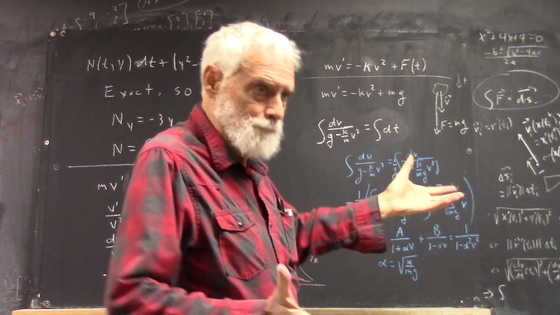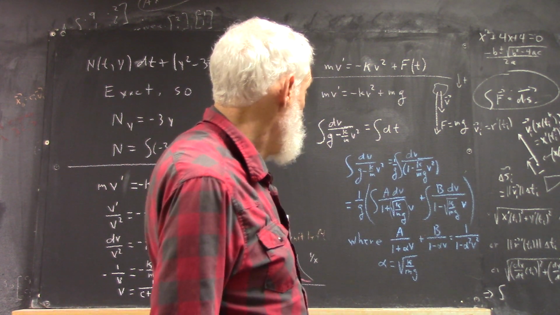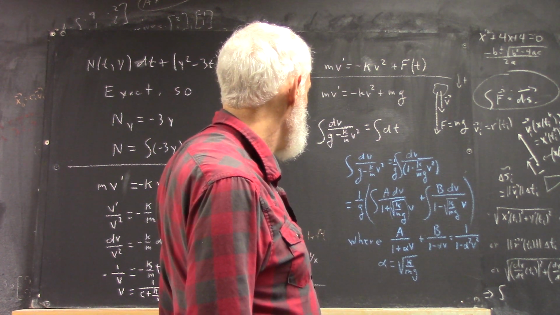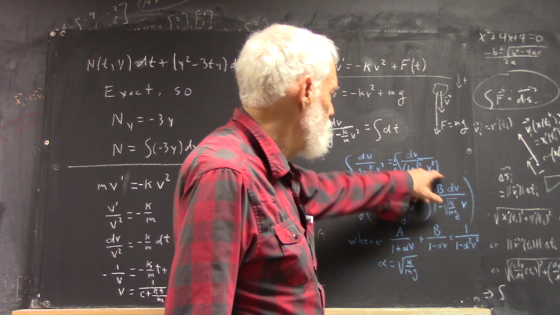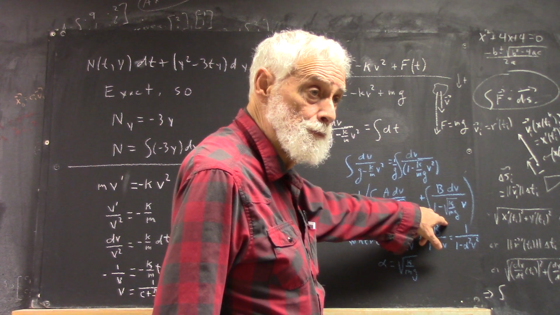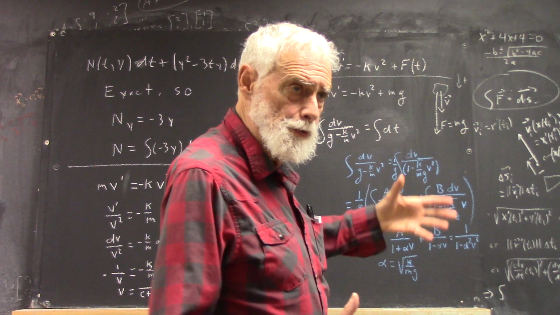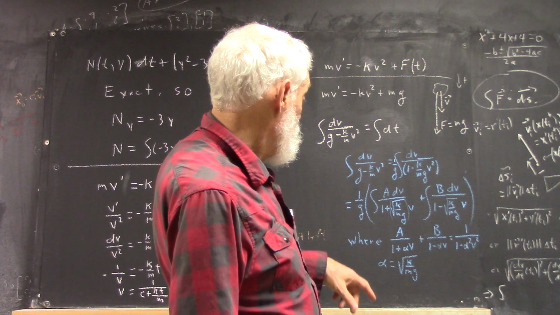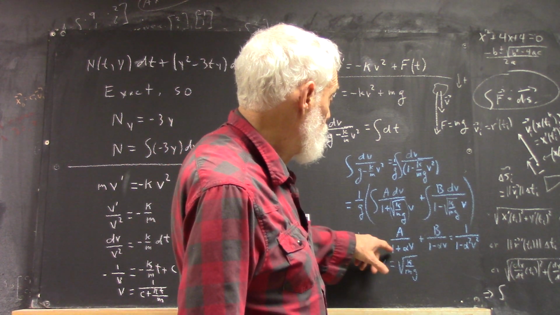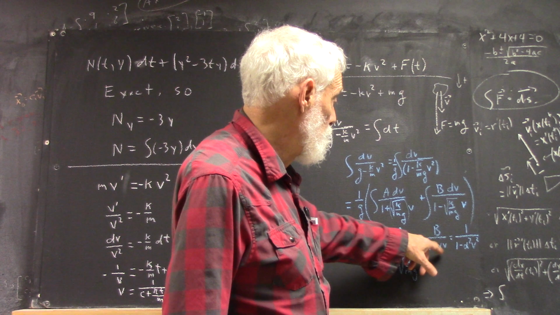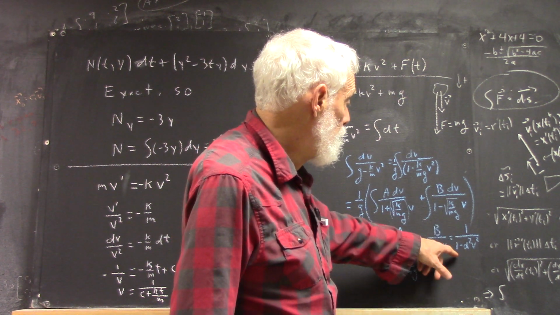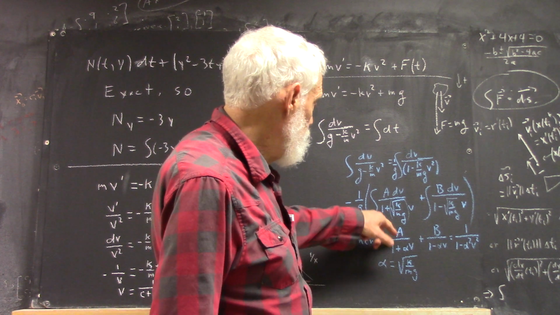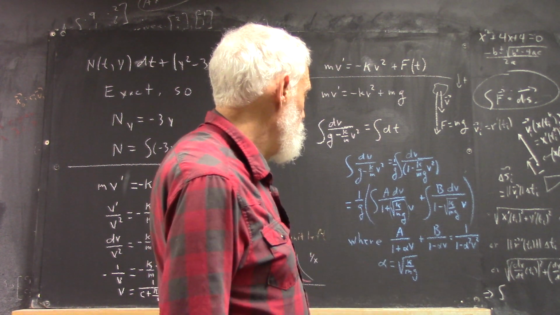You factor a difference of two squares, and you end up with this partial fraction decomposition. It turns out that for a difference of two squares, A and B are always going to be 1/2, but you work that out. So you have A over (1 plus alpha v) plus B over (1 minus alpha v) has to equal 1 over (1 minus alpha squared v squared), where alpha is the square root here.